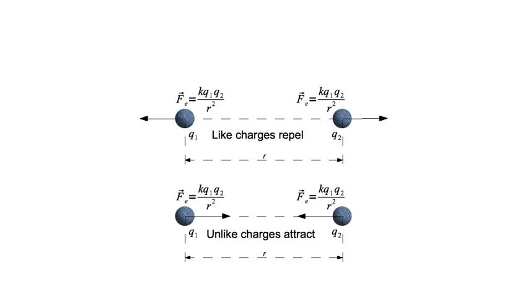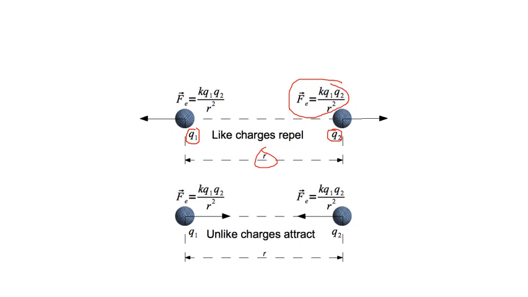As seen in the picture, we have two charges Q1 and Q2, and the distance between these two charges is R. So we can calculate the force as k Q1 Q2 upon R square, where k is the proportionality constant.